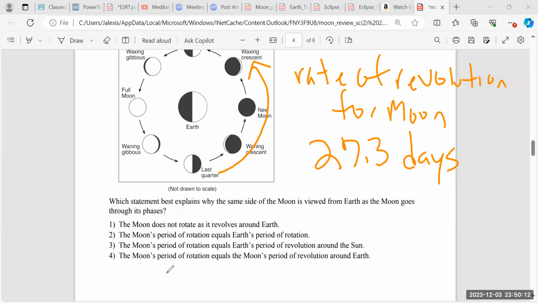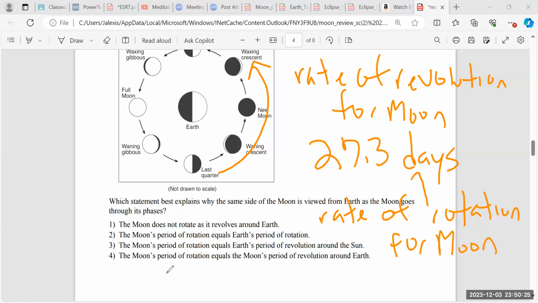The rate of rotation for the moon is also 27.3 days. So the time it takes for the moon to do one complete spin also takes 27.3 days.